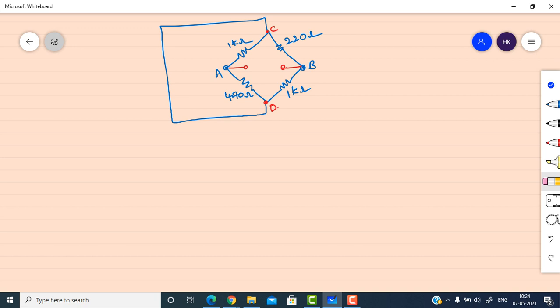See, we have to find out the resistance between A and B terminals. So I will redraw the circuit.